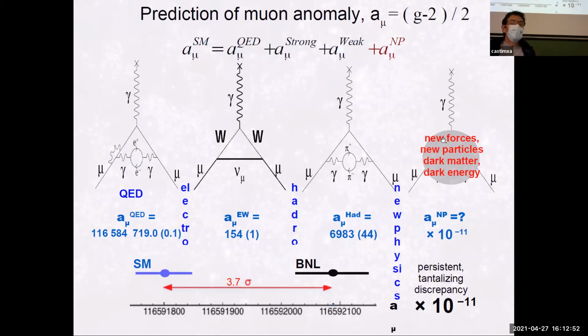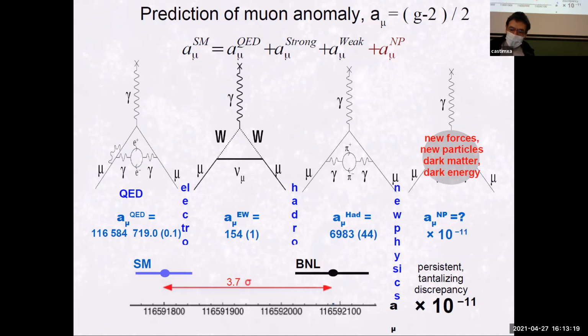Every particle beyond the standard model that we don't know about would also contribute. And so the question is, if you do this calculation, is there something missing? Are there new forces, new force-carrying particles that would contribute, new particles of matter that would contribute? All sorts of things, new phenomena.